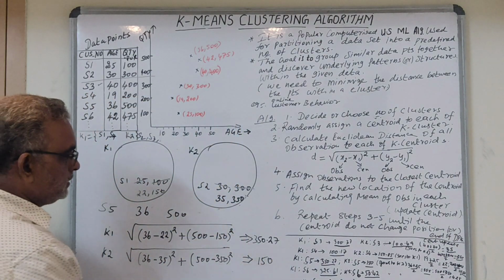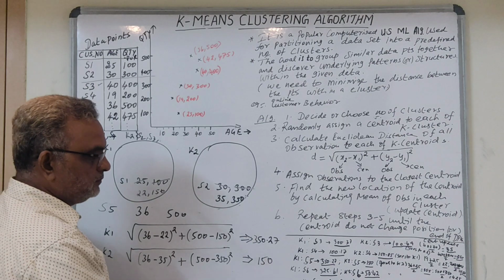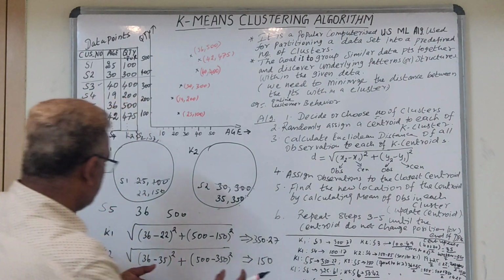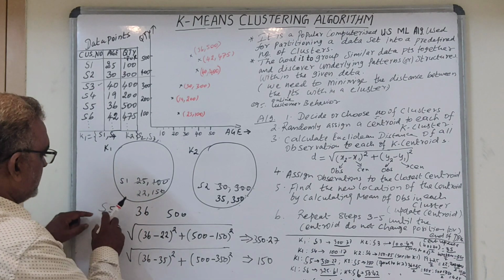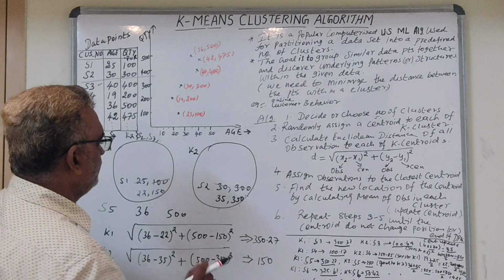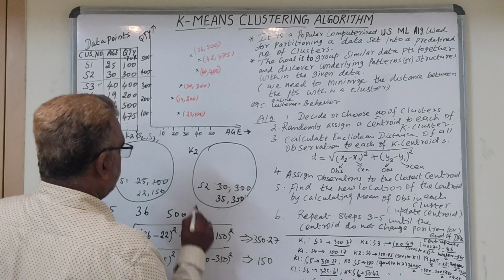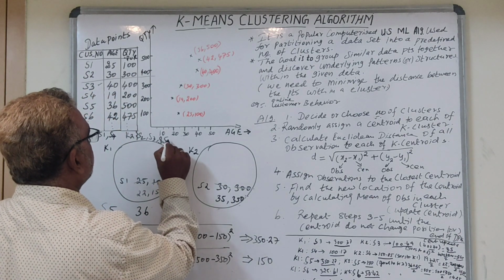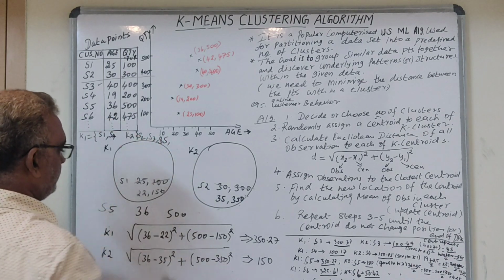Okay. So which is lesser? 150 is lesser. So automatically the data point S5 belongs to cluster K2.